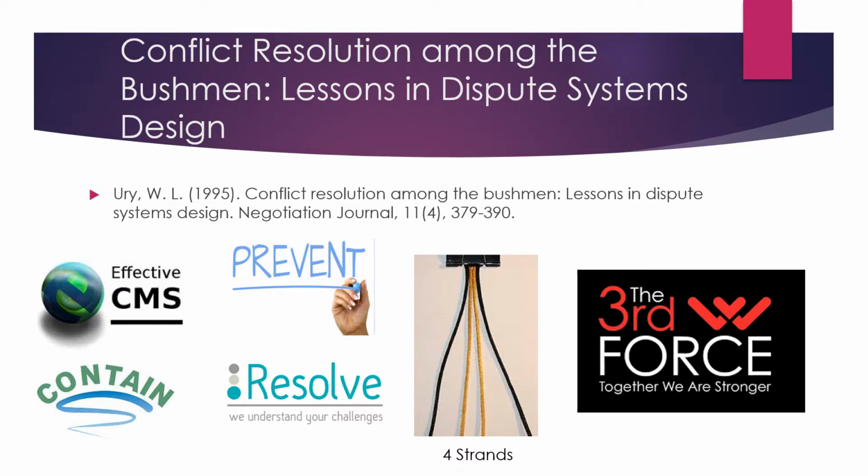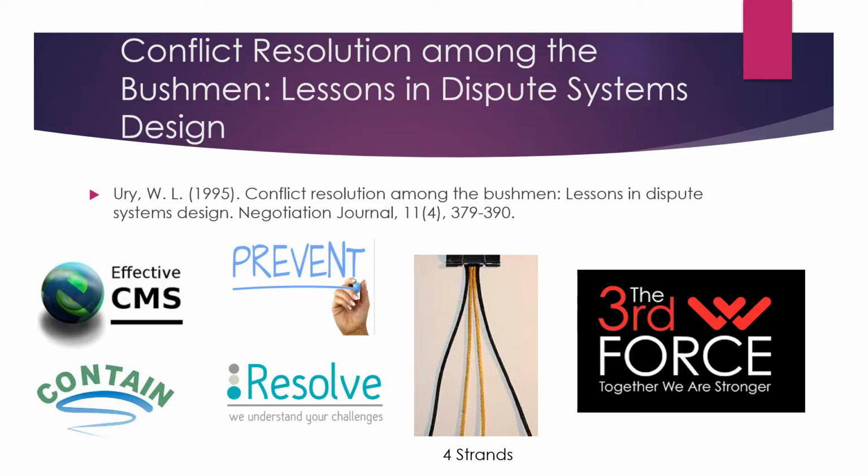So it's a very effective CMS. And the idea that Ury talks about is that CMS performs 6 different functions: the first is to prevent. The next 4, and I won't go into those because they're in the article, are all intended to resolve. And then the last one is contain disputes.